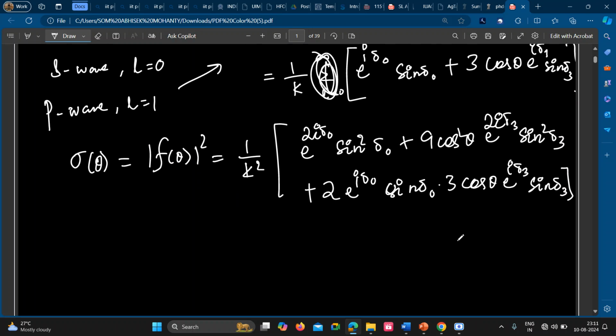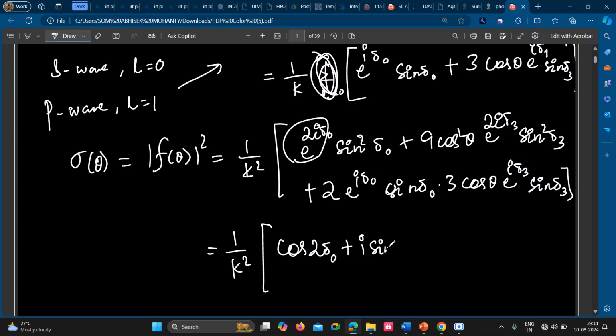What we can do here is expand this. Expanding e to the power 2i delta 0, it will be cos 2 delta 0 plus i sine 2 delta 0, times sine square delta 0.